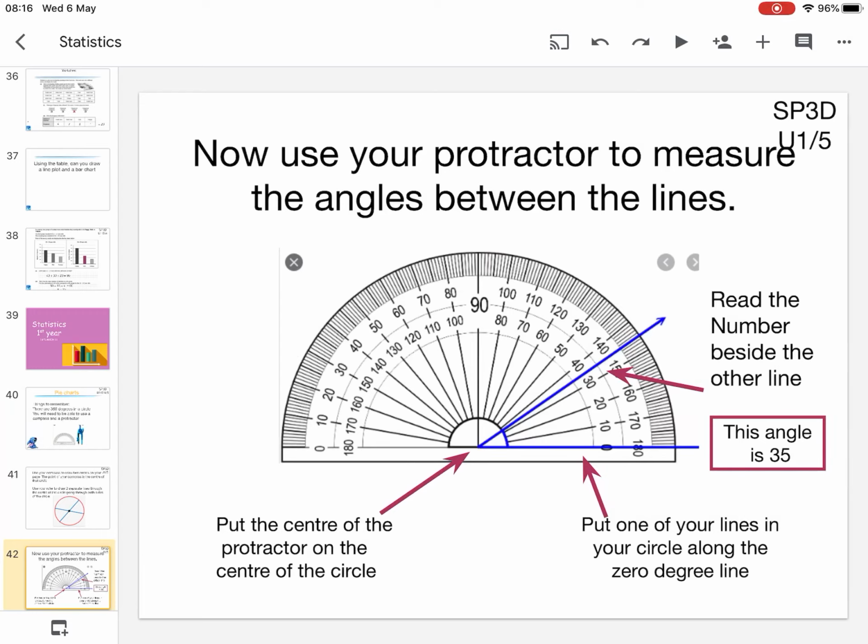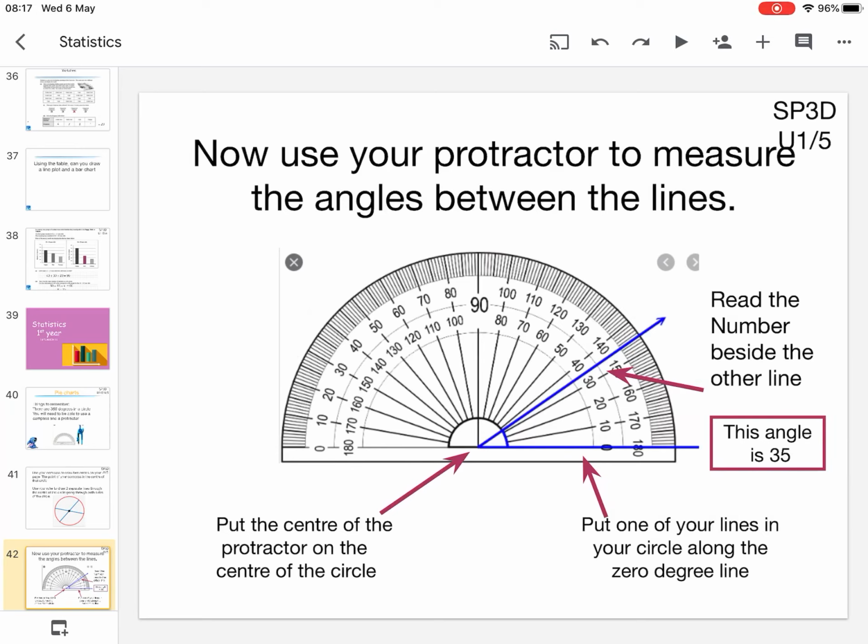So on this protractor, I have a 0 and 180 that blue line is on. So I'm going to go from the 0. And I can see it goes 0, 10, 20, 30, and about halfway between 30 and 40, I can see that that is my next blue line. So what I need to do is check and make sure that's the 35 mark, so I know that this angle here is 35 degrees.